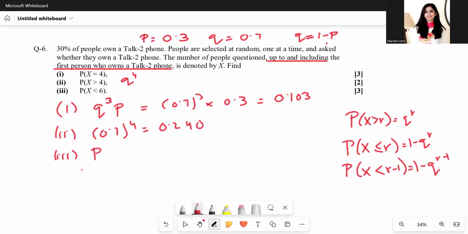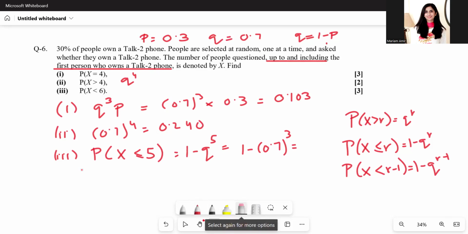So we're going to change this into probability x is less than or equal to 5, which is equal to 1 minus q power 5. So 1 minus 0.7 power, I'm sorry, 5, not 3, which gives 0.832 after rounding.